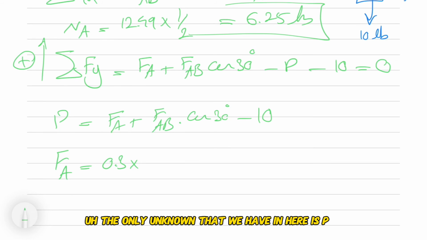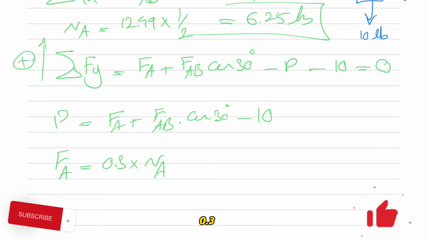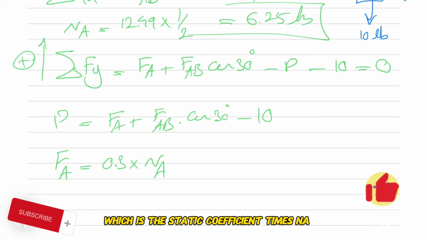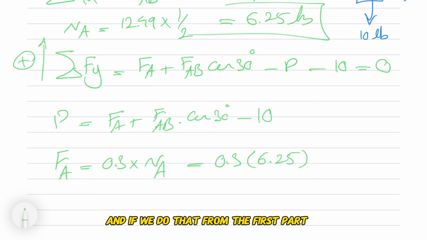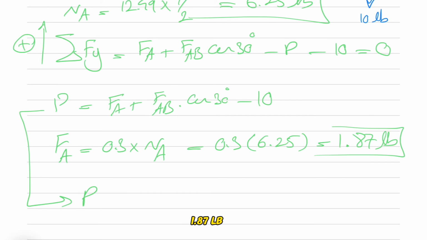The only unknown in here is P, since we can find FA, and FA is simply 0.3, the static coefficient, times NA. Since we already have NA from our Fx, we get 1.87 pounds.